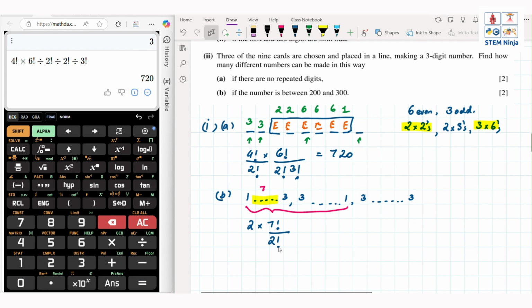For the 3, we don't have to worry about this scenario anymore, but we still have 2 2's and 3 6's. So 7 factorial divided by 2 factorial, 3 factorial.